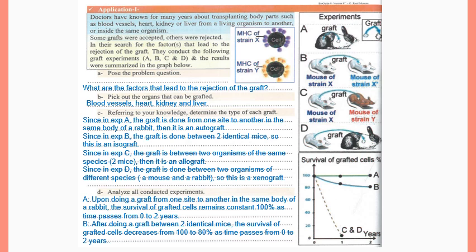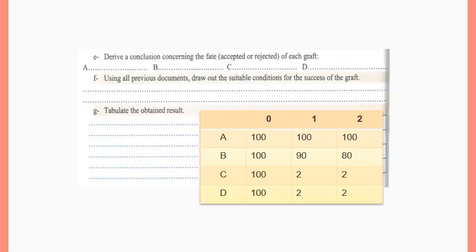B. After doing a graft between two identical mice, the survival of grafted cells decreases from 100 to 80% as time passes from 0 to 2 years. E. Derive a conclusion concerning the fate, accepted or rejected, of each graft.